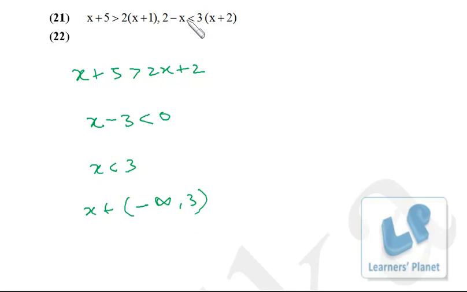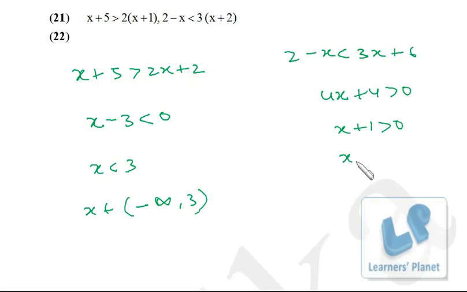Now take this. 2 minus x is less than 3x plus 6. So I take x this side. So 4x and 6 minus 2 plus 4 is greater than 0, that means x plus 1 is greater than 0, that means x is greater than minus 1, that means x belongs to minus 1 to infinity.